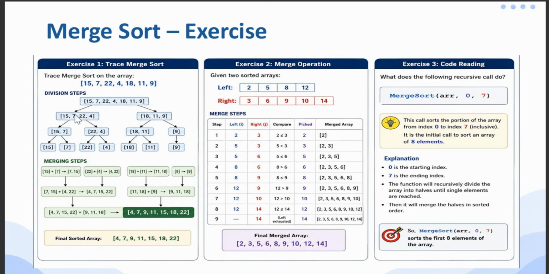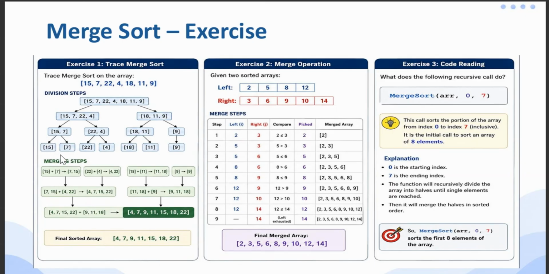This is the left tree, this is the right subtree, right? Then again you have to split from here, right? We have now 15, 7, 22 and 4. So likewise you have to divide, and then finally you have to merge, right?